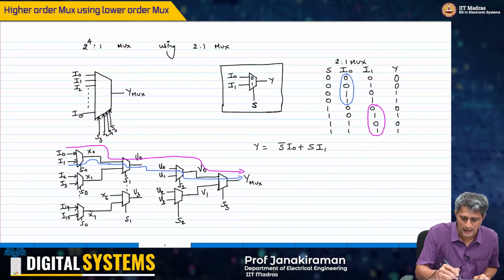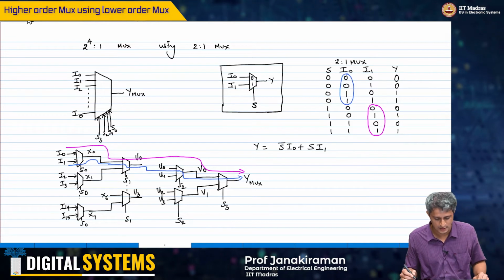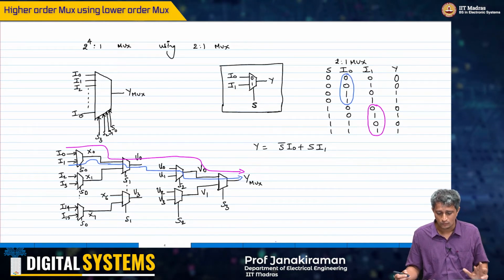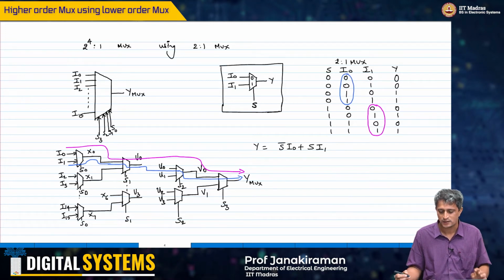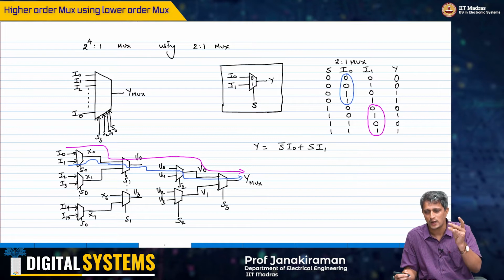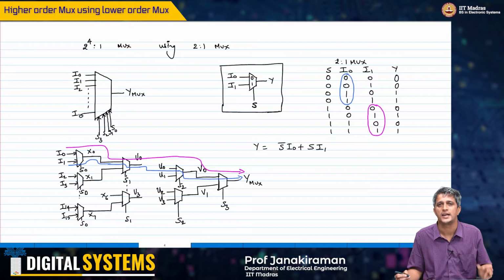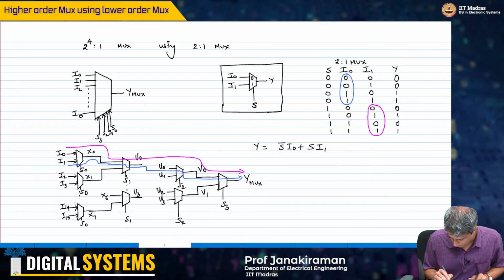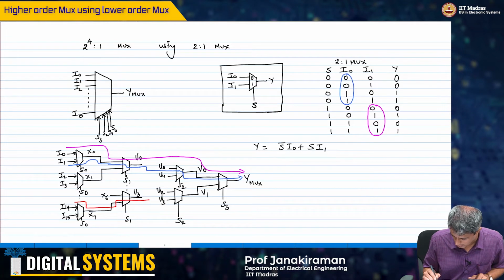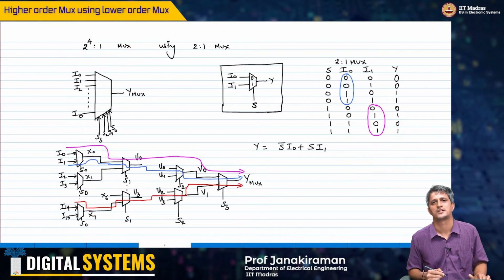And let's say the select line happened to be S3 was 1, S2 was 1, S1 was 1, but S0 was 0. That means we are going to select input 14, 1, 1, 1, 0. Then what will happen? Your I14 will flow like this, into this, and then into the MUX.